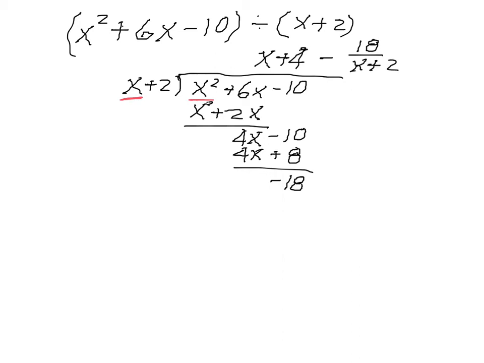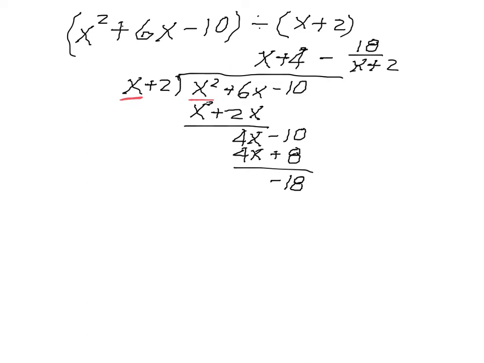All right, so there's how you do it, long division. Well, there's another way of doing it, and that is called synthetic division. All right? Now, synthetic division only looks at the coefficients of the first polynomial, and it only looks at what the second polynomial is equal to. Now notice we had it dividing by x plus 2. So we're going to set this up a little differently now.